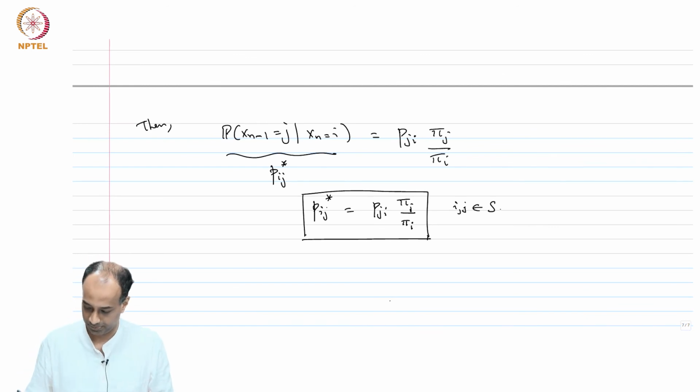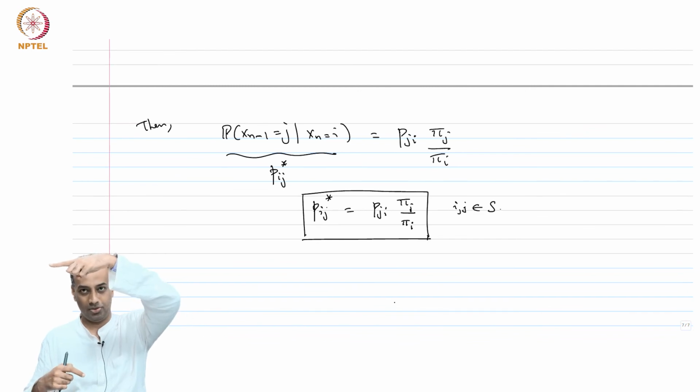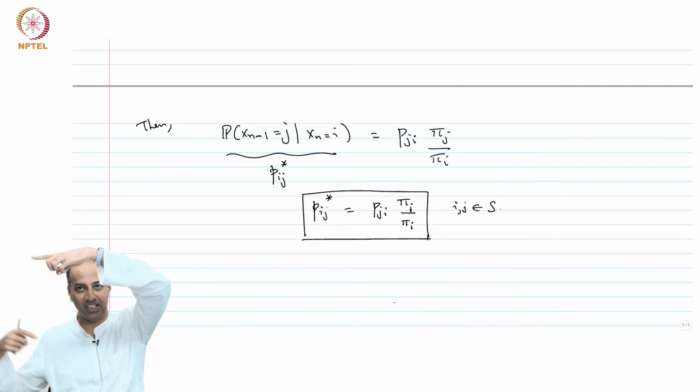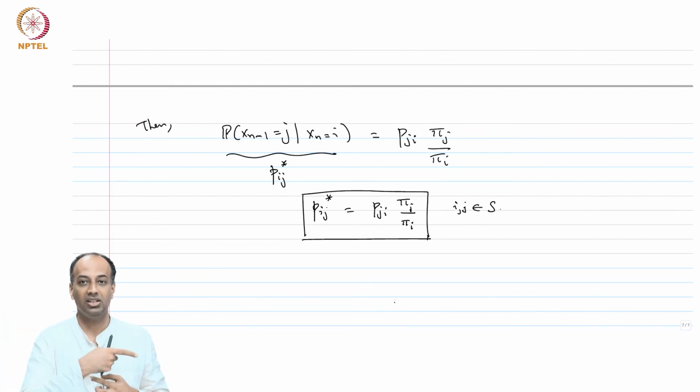Again, reversibility is not the property that the reverse Markov chain is also a Markov chain. It always is, and the reverse Markov chain is also homogeneous if the forward Markov chain is in stationary distribution. Reversibility is the property that the reverse Markov chain is statistically identical to the forward Markov chain.